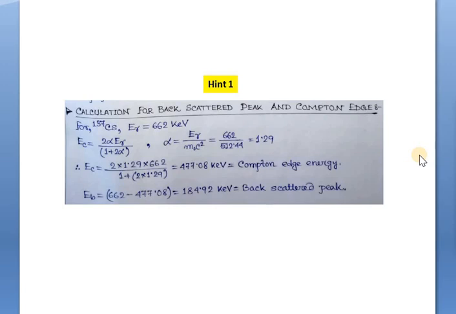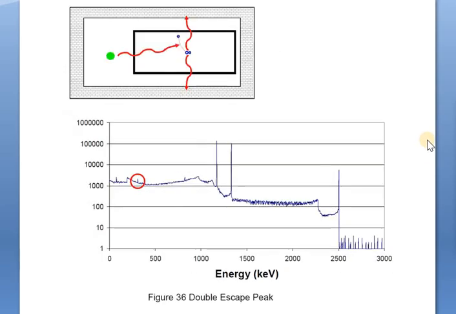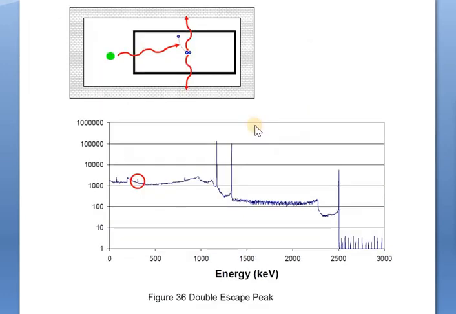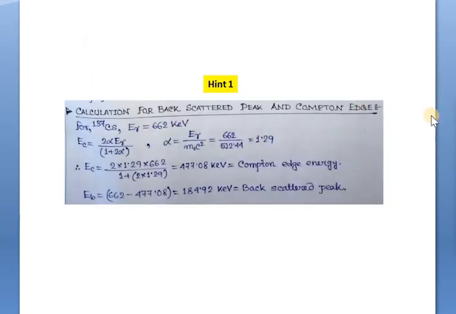For example, for the cobalt-60 source, you should do the calculations and check if you get the backscattered peak in this energy range or not. You do that by yourself. This should be an easy task for you. So this was a hint I intended to give you.